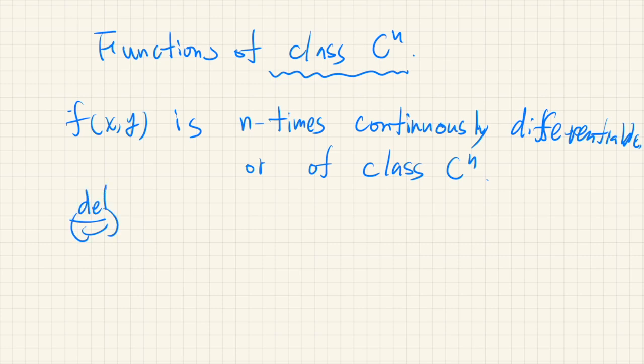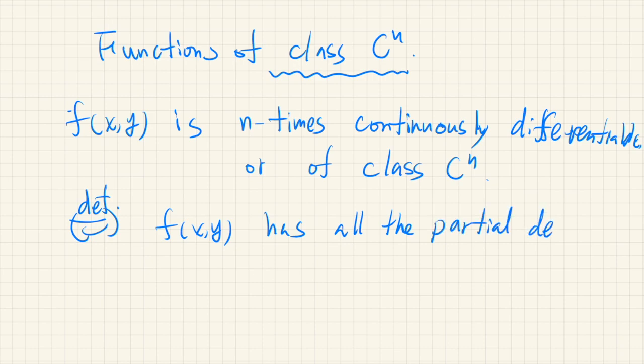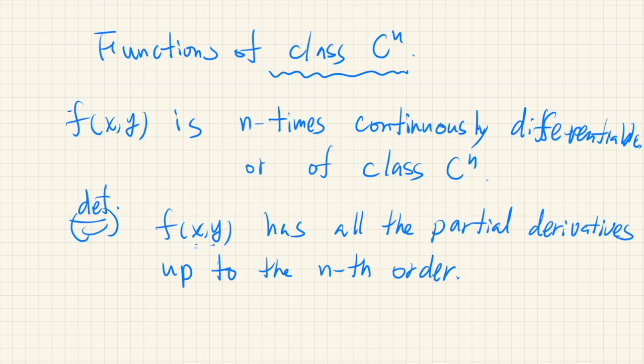What this means is this: if f has all the partial derivatives up to the nth order, so it is differentiable n times with whichever variable, either x or y, and all of them are continuous.